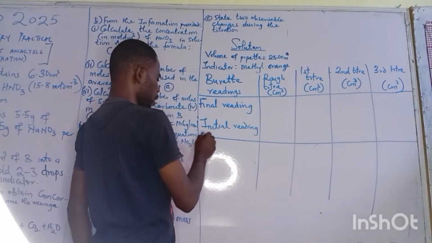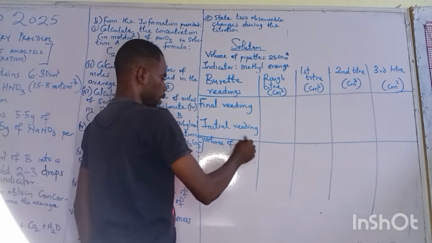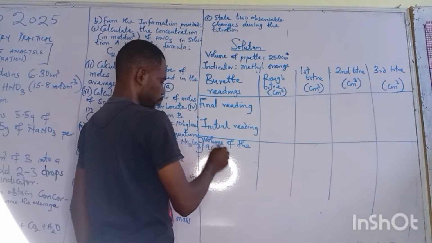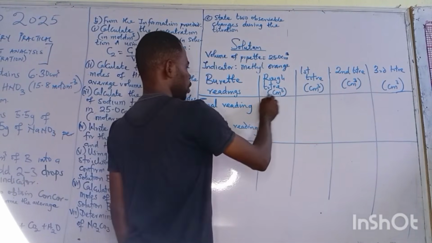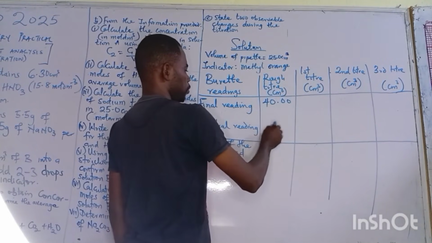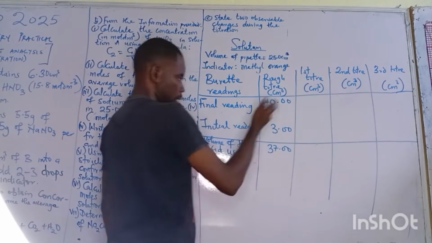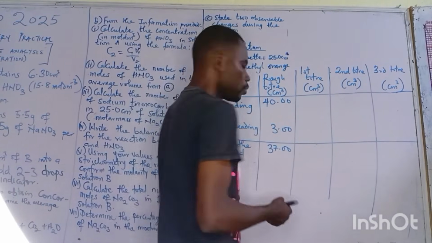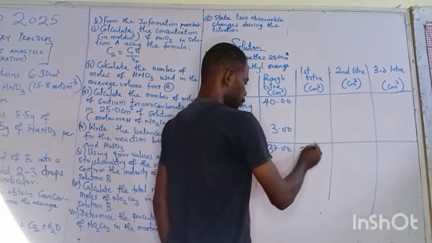For my rough titre, I can just pick any value. Let's say I put 40.0. Let me just have 3.0 here. So here I'm having 37.0. I'm not using it. Now, I'm working towards 22.5. Let me start with that, 22.5.